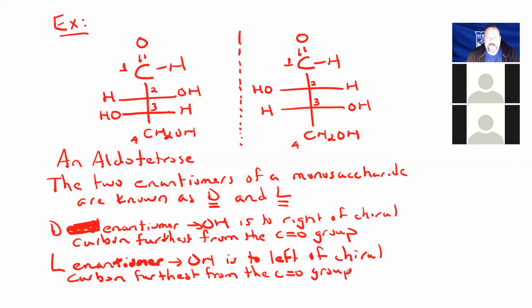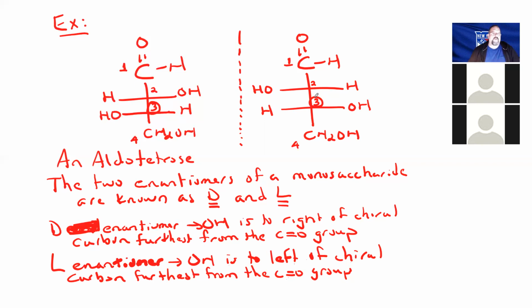So for these particular Fischer projections here, which carbon number are we going to be looking at? Carbon 4 is the carbon furthest from the C double bond O group, but it's not chiral because that carbon has two hydrogens attached to it. The one right above it, carbon 3, is the chiral carbon furthest from the C double bond O group.